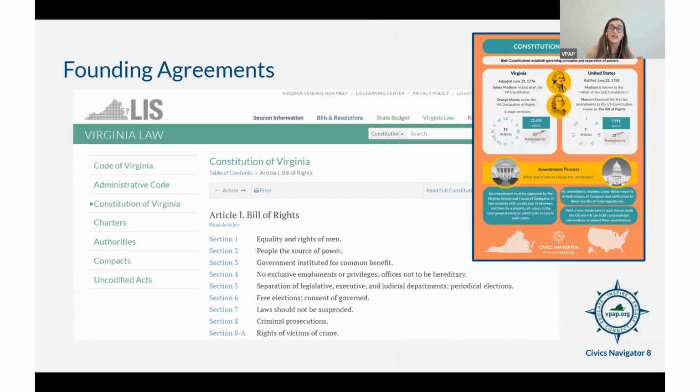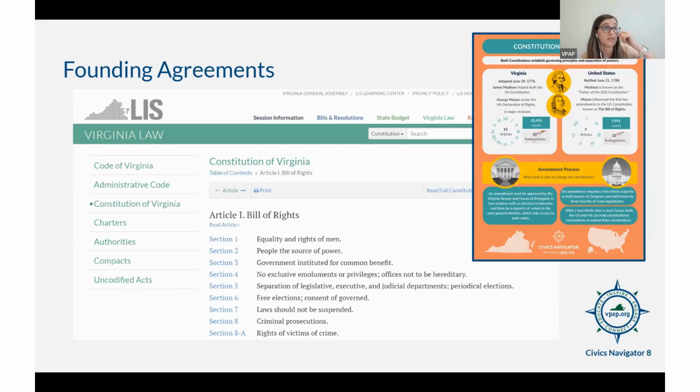And as an educator, it's critical that you look at the founding documents with your students. Not just the US Constitution, but go look at the Virginia Constitution. It's accessible, it's easy, it's something even as adults I think it's important to reference from time to time. You can do that from LIS and see the Constitution verbatim as it is, the original source.